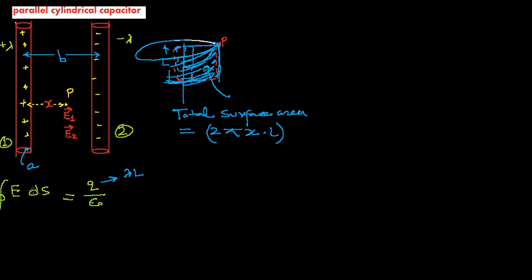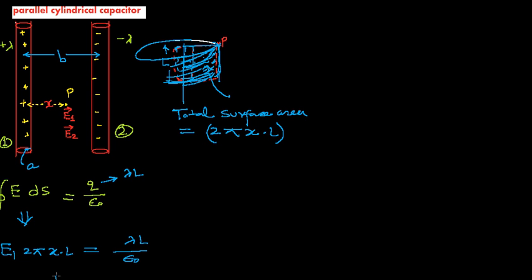And what about the total integration over the surface? E will be uniform at each point, so E will be constant, and the total area is 2 pi x into L. Then the integration will be E1 due to surface 1, due to cylinder 1, into the total area 2 pi x L. That will be equal to the total charge lambda L over epsilon naught.